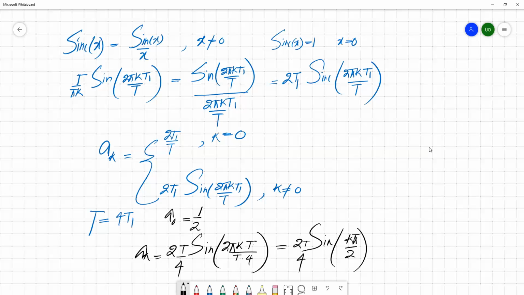I think I made a small mistake earlier. So we have a naught equal to half, and the rest of the coefficients a k are equal to half sinc k pi over 2.